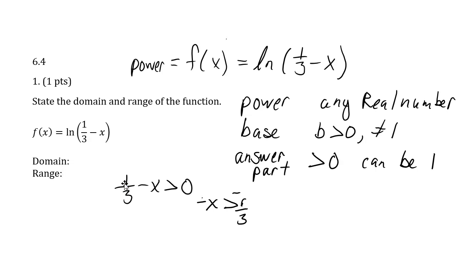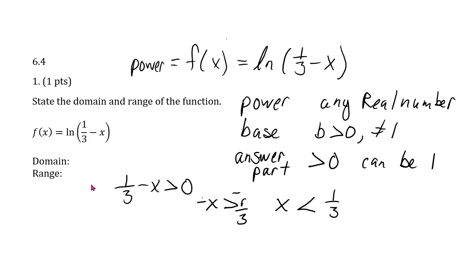When we multiply both sides by a negative, this will give us that positive x is less than a positive 1/3. Remember that when you divide or multiply by a negative, you have to reverse the inequality symbol around.